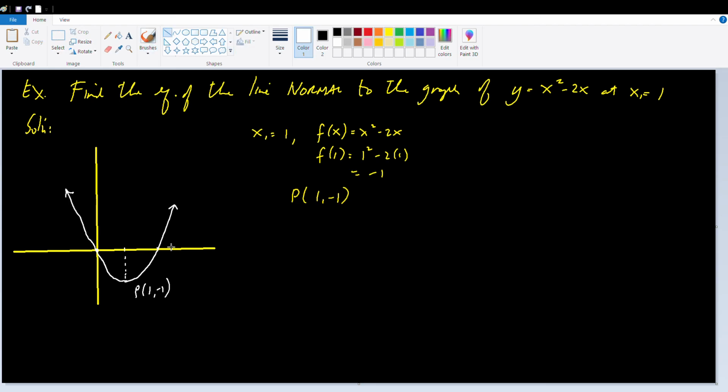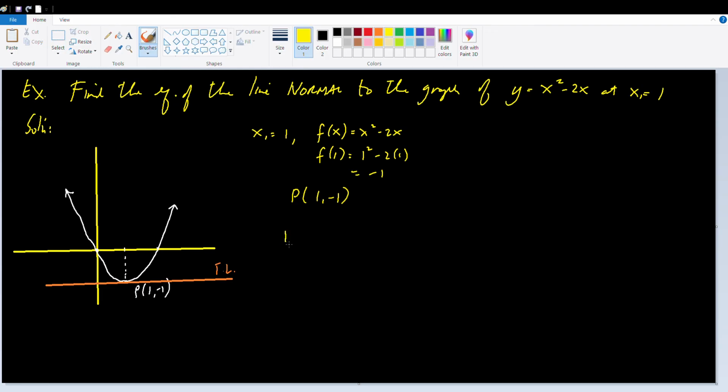Then, let us draw the tangent line. There's the tangent line.